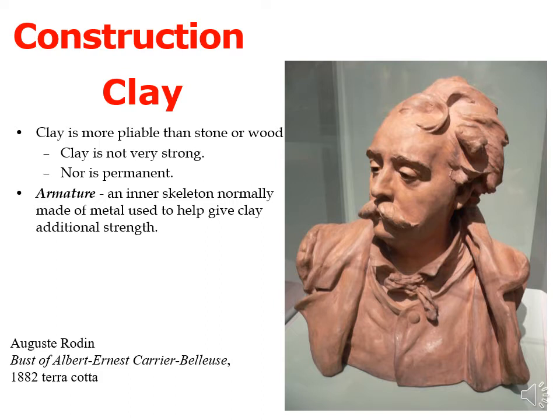Clay. So the only problem with using clay is its sort of inherent strength, where it's fairly weak. So oftentimes you have to have an armature on the inside, something that will kind of help support the weight of it when you are sculpting your piece.